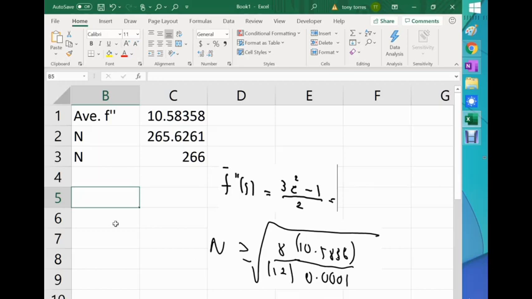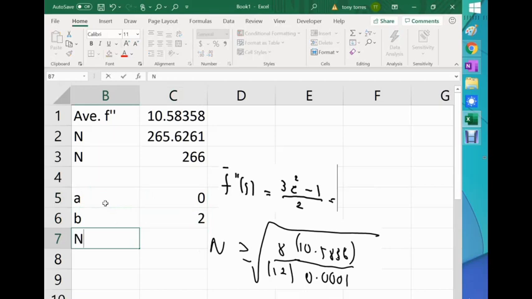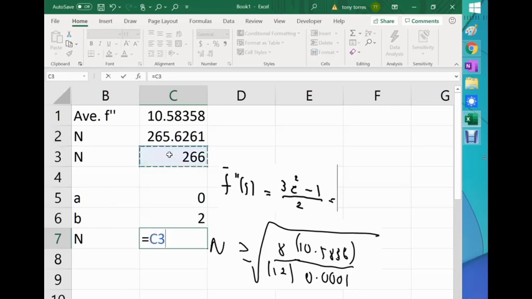So let's do that. Again, let's say a for our problem is 0, b is 2, the n value is actually 266, no problem there.